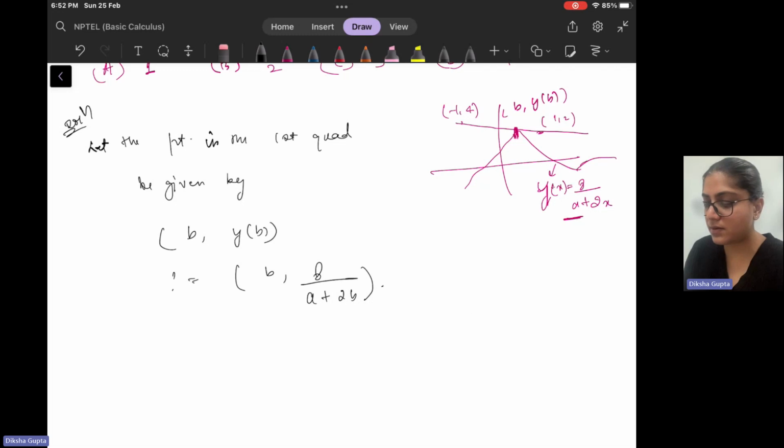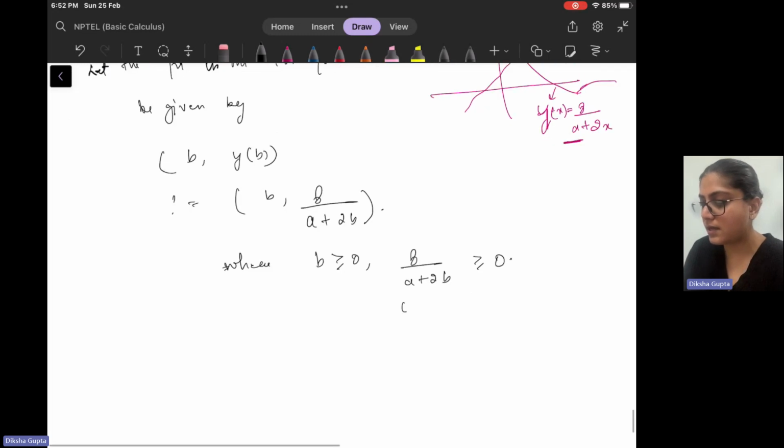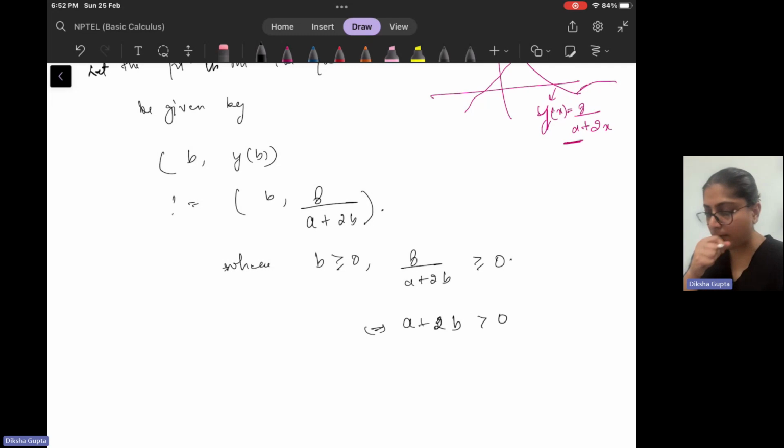Since it lies in the first quadrant, b is greater than 0 and 8 upon a plus 2b is greater than 0. This is always positive because it cannot be equal to 0, since then we would get 8 equals 0, which we cannot have. So we need a plus 2b positive, right? So we have these two conditions.